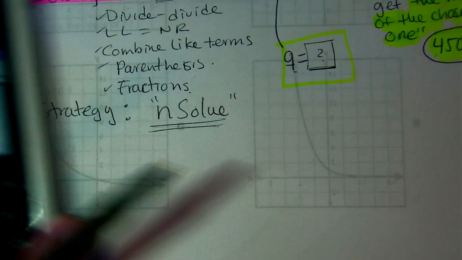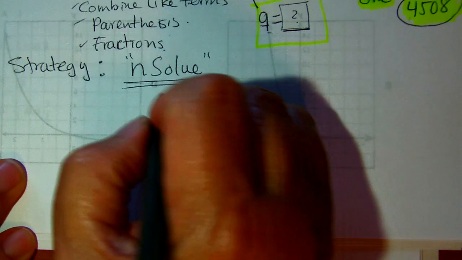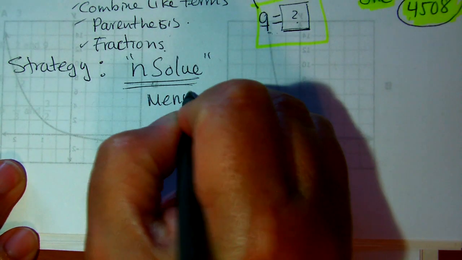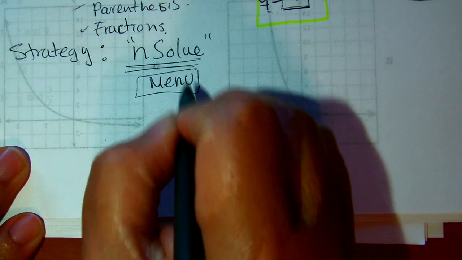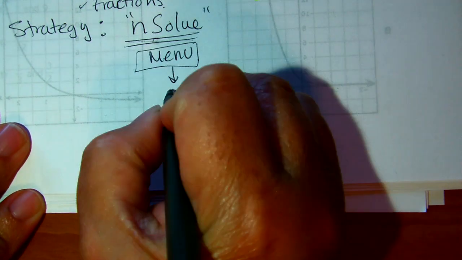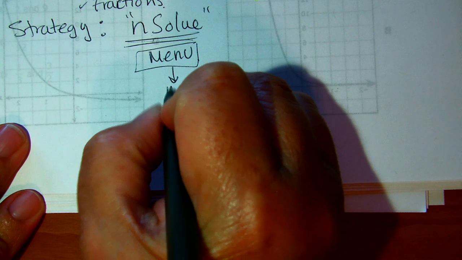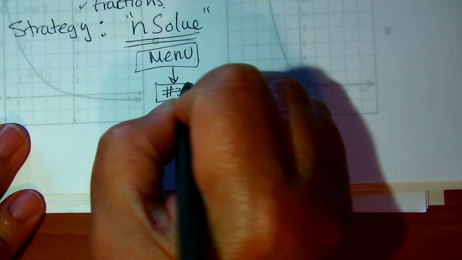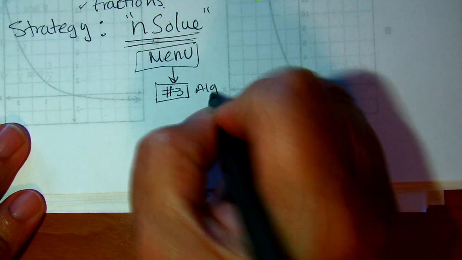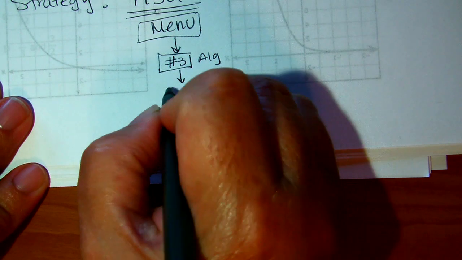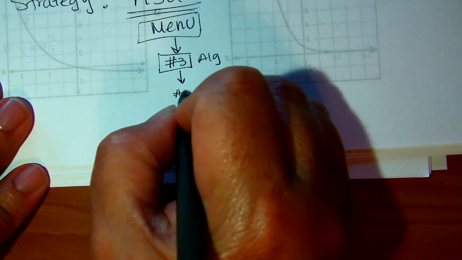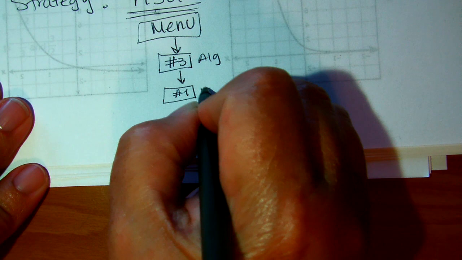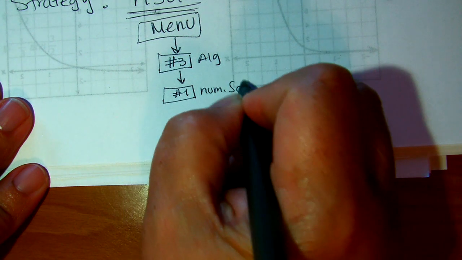So I'm gonna write the steps right here. Menu. Then you press number 3 for algebra. Then you press number 1 for numerical solve.